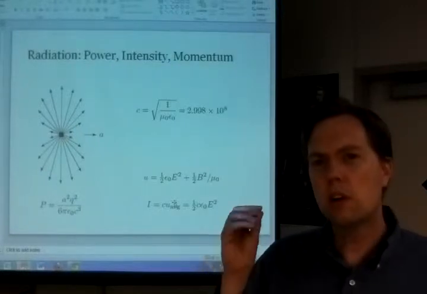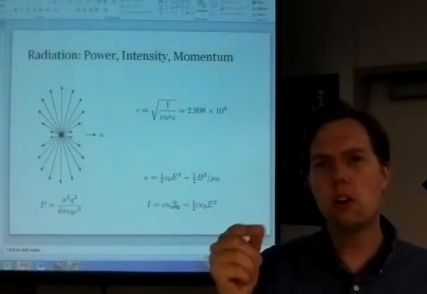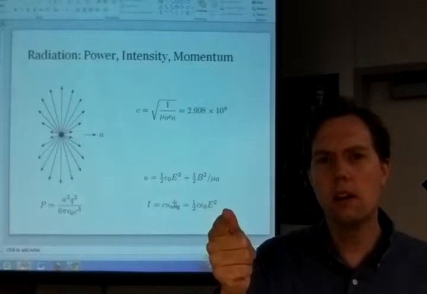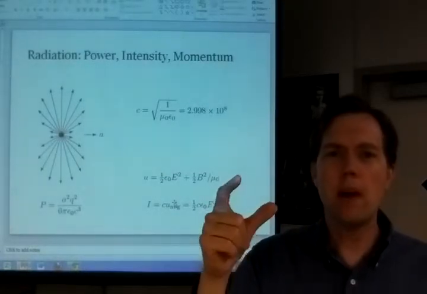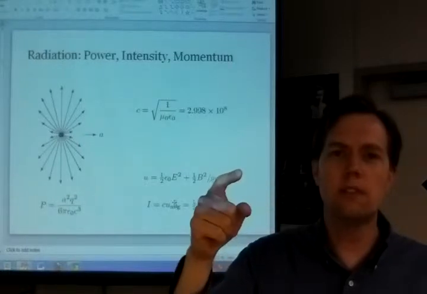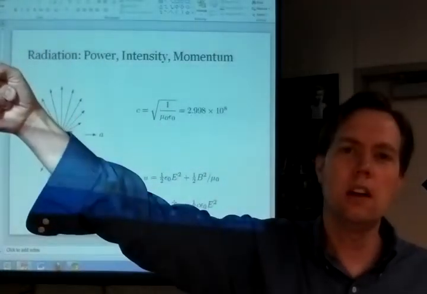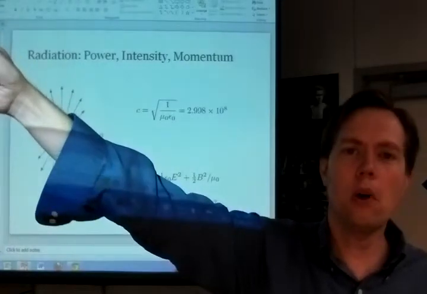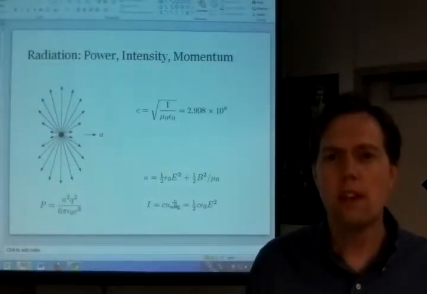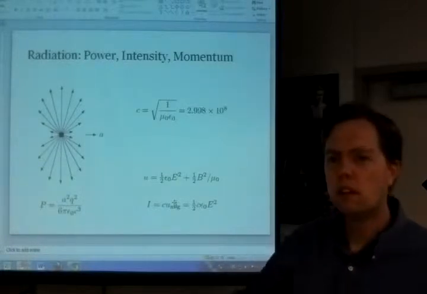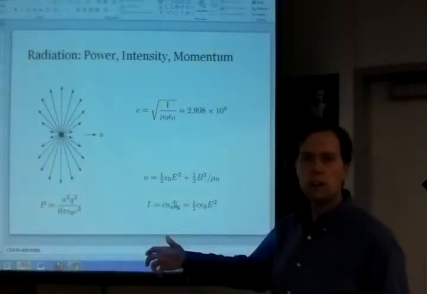So it always requires an initial motion of charge to spark this electromagnetic field. But Maxwell's equations allow the field to feed itself and allow that energy to propagate through space. And so that radiation is what we call light.